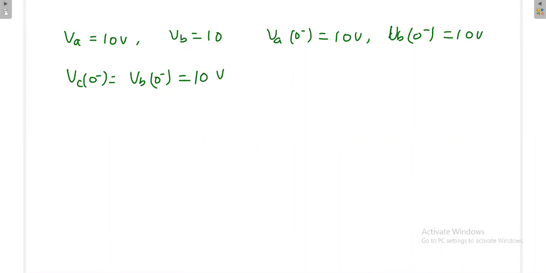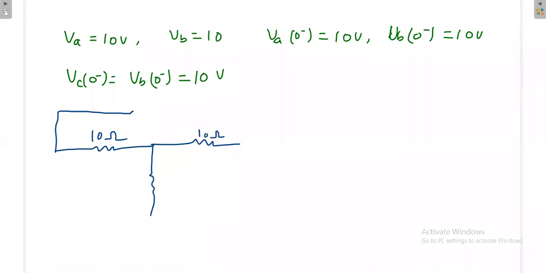Once you replace it, the circuit will be like this: 10 ohm, 10 ohm, 10 ohm. We have to replace the capacitor with its equivalent. It has an initial voltage of 10 volt, and the capacitor equivalent is a short circuit.